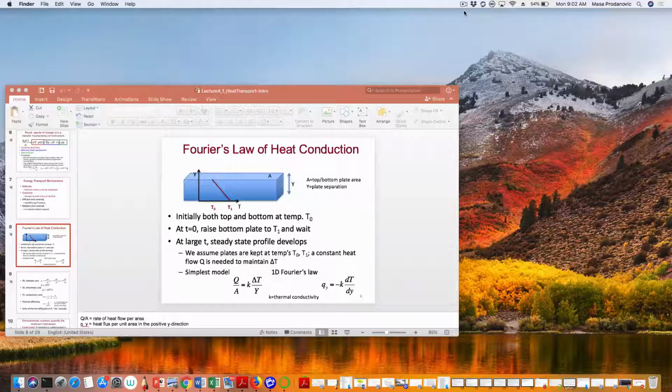That essentially means I'm inversely proportional to the separation between the places, and directly proportional to the actual difference between the temperatures.